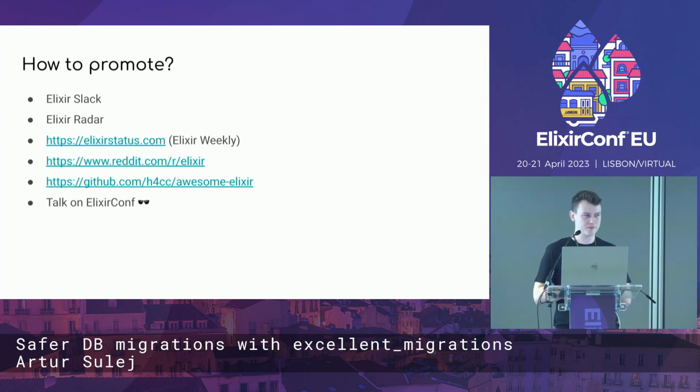Here's a list of some useful places in case you want to create or have created an open source library and want to share it with the community. Definitely Elixir Slack is quite popular. Elixir Radar or Elixir Weekly newsletters.